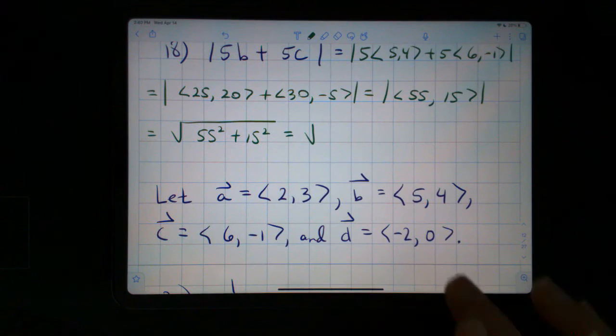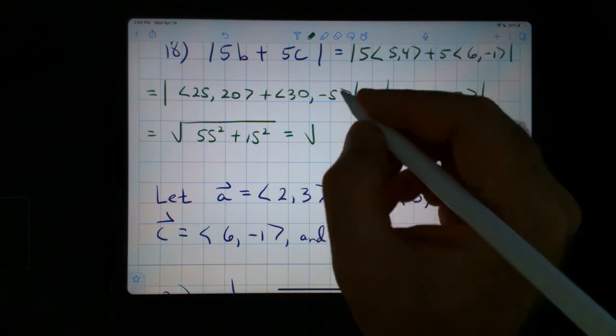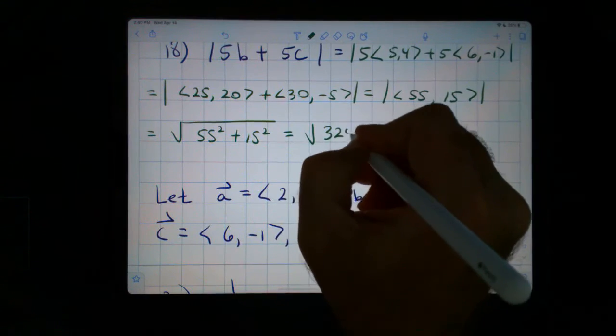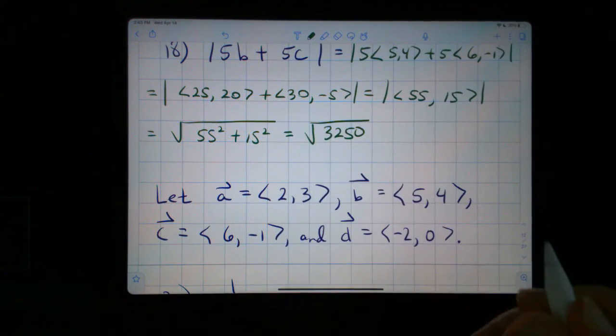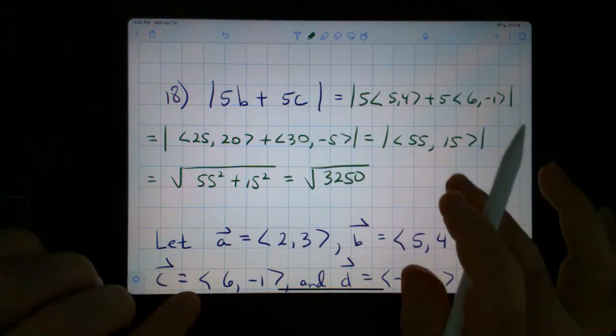I think I want a calculator for this. So before I go on, let me just check the arithmetic.